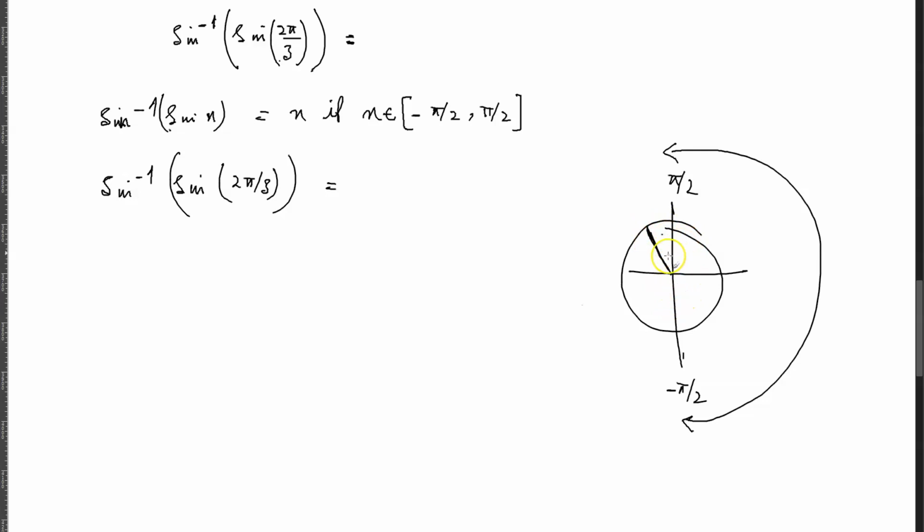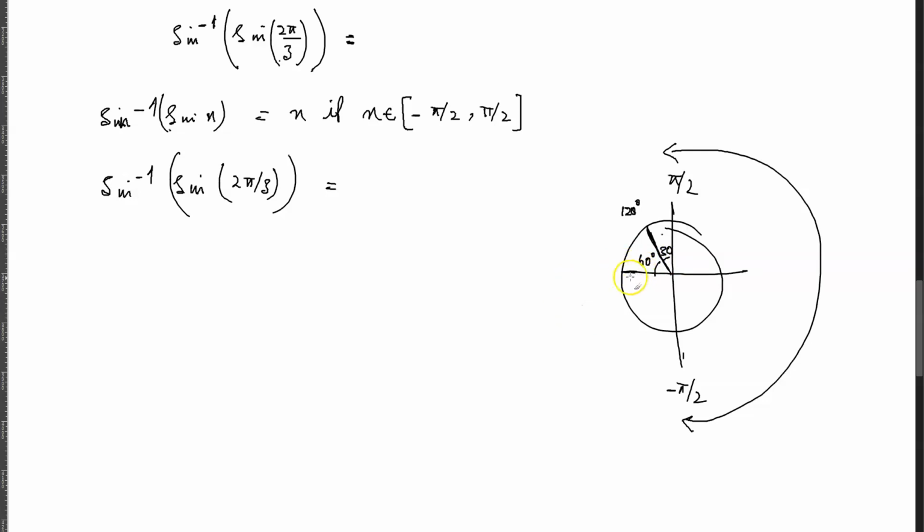So I have to somehow bring my angle somewhere over here. And for that I need to write my angle in terms of, well, 2 pi by 3 is some angle like 120 degrees. So with 120 degrees, you have a 30 degree angle over here, you have a 60 degree angle over here.